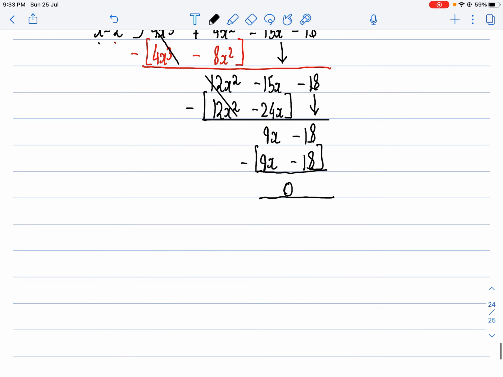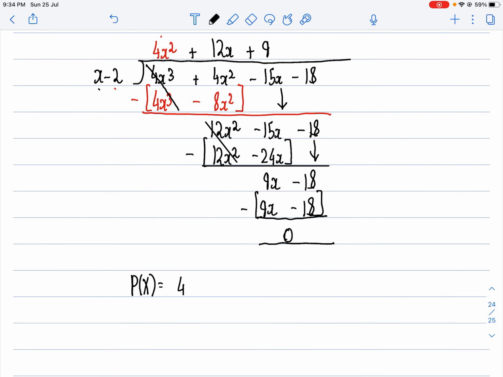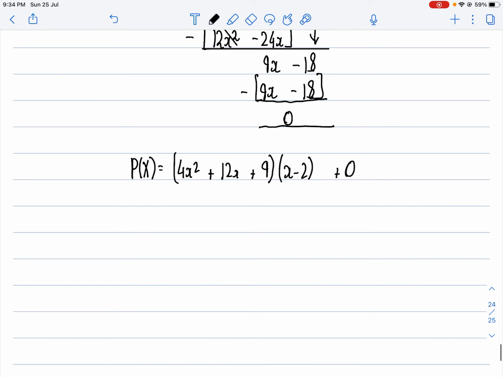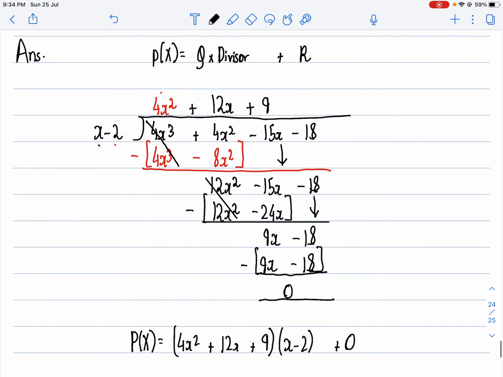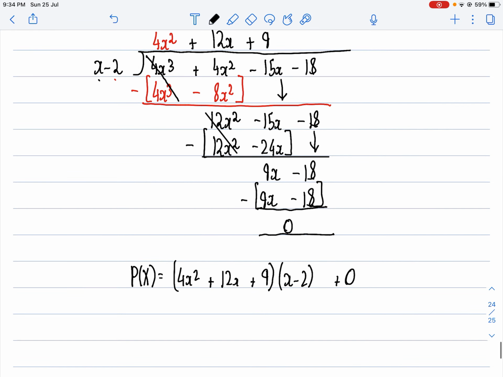So I can simply write my p of x as the quotient, which is 4x square plus 12x plus 9, which is multiplied by the divisor, which is x minus 2, plus the remainder, which is 0. Okay, simple substitution of this formula, which I've done.